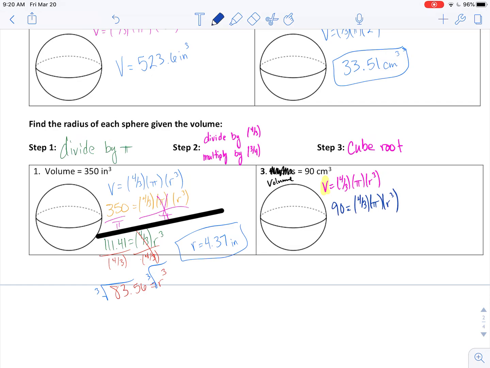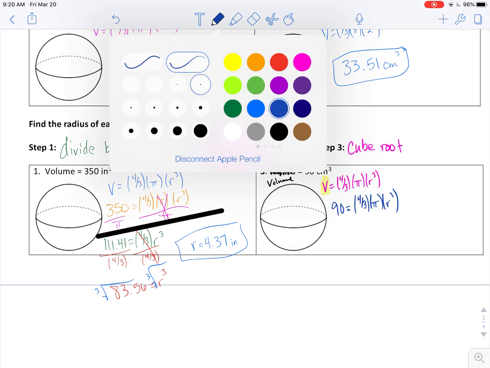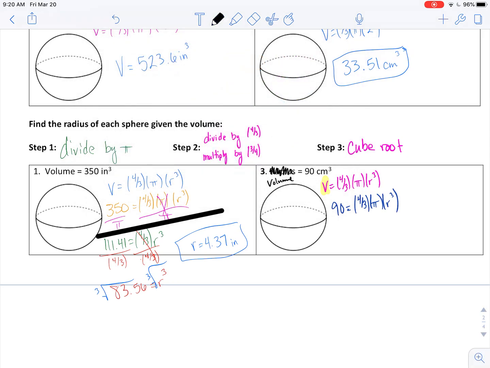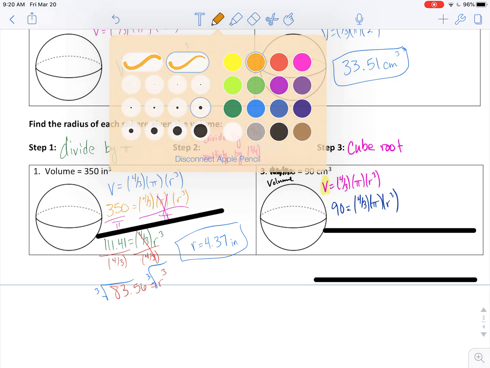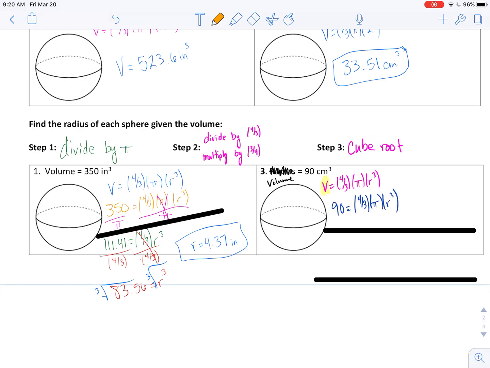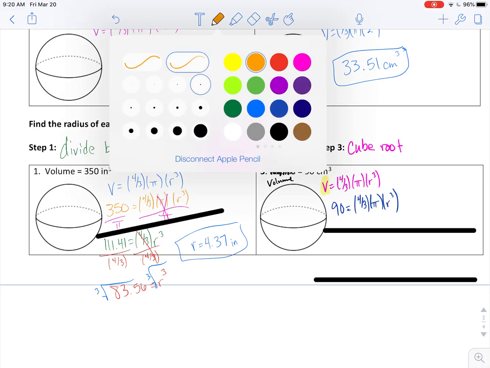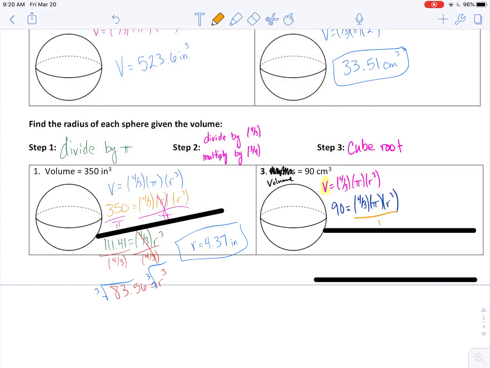Now follow your 3 steps. First divide by pi, then divide by 4/3, then take your cube root. Please pause the video now and try this out. See how it goes. So again, pause the video, try those steps, and then come back to us and let's see how it went.